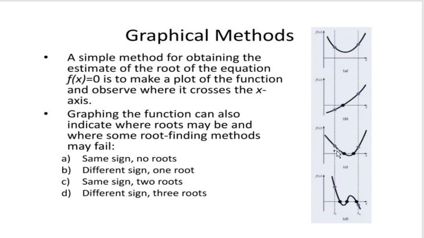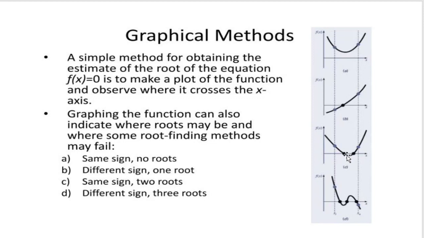here the curve is parabolic, and in the range xl to xu, it intersects the x-axis twice. That means from this graph we can see that two roots are lying in that range, but the function value of xl is positive and function value of xu is also positive.